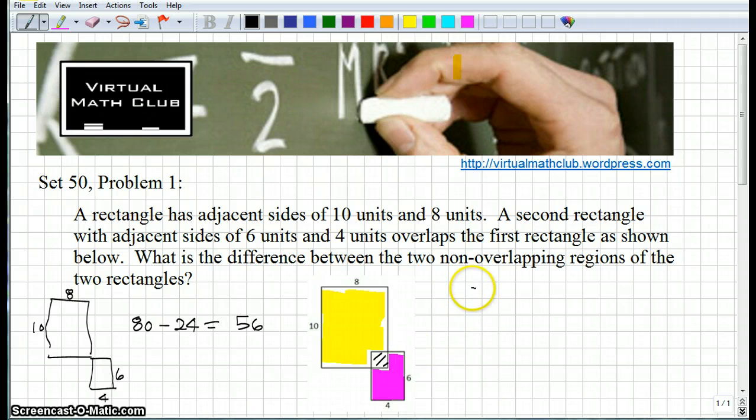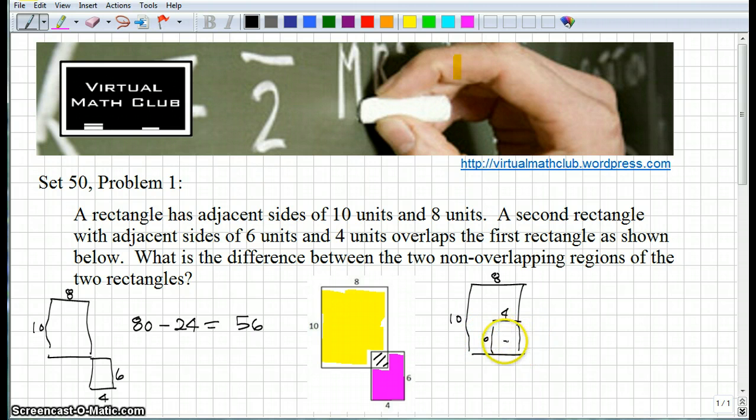Let's look at another case where we've got the same two rectangles, one bigger and one smaller. And let's say they overlap completely. So this is the 8 by 10, and this is the 4 by 6.